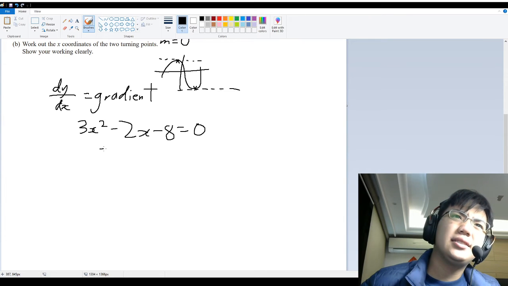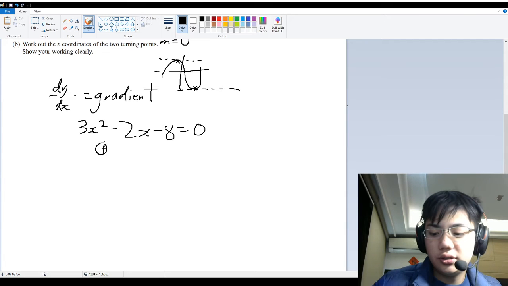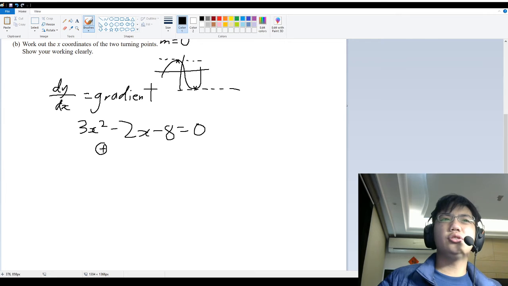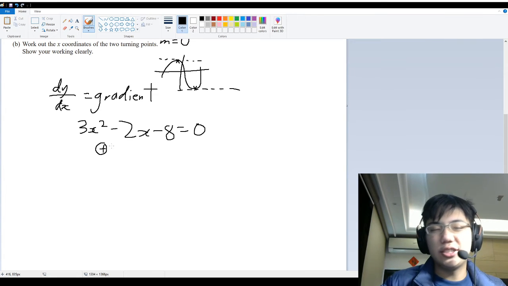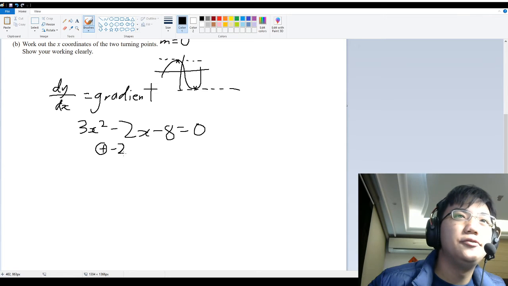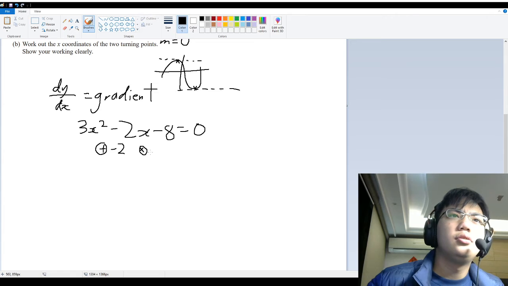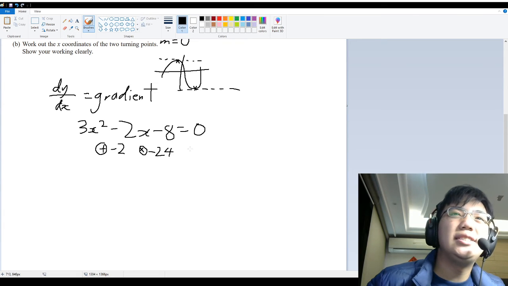So we know that the two constant terms in the factorization need to add up to negative 2, and they need to multiply to negative 24, which is negative 8 times 3.